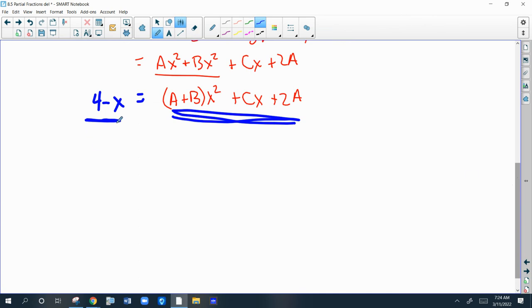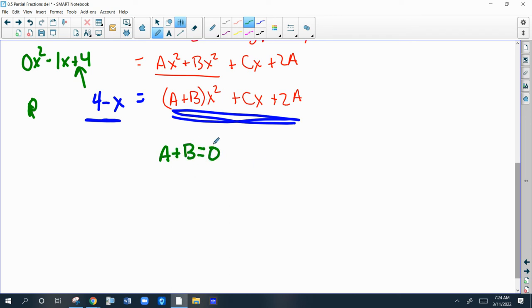So this side has no x squared term. So I'm thinking of this as 0x squared minus 1x plus 4. So if this has a 0x squared term, that means over here the a plus b must equal 0. So I have that equation already.